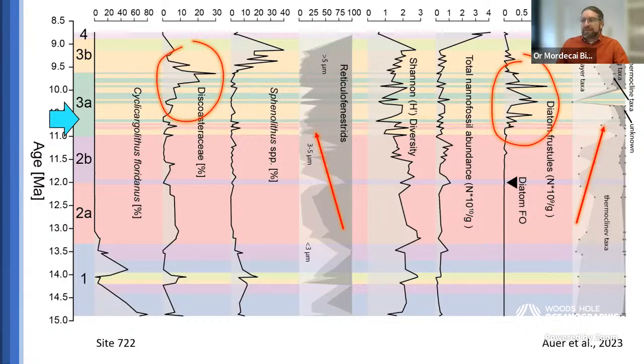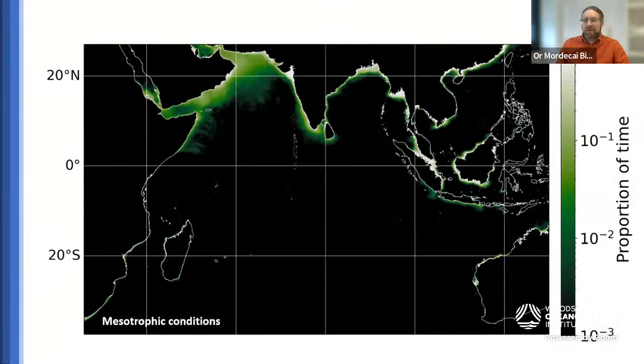So there's a bit of a conundrum about what's going on here, or maybe not. So I want to come back to this map I started with. This map shows the distribution of mesotrophic conditions. So nutrient elevated, high productivity, high chlorophyll level, not extreme, but high.